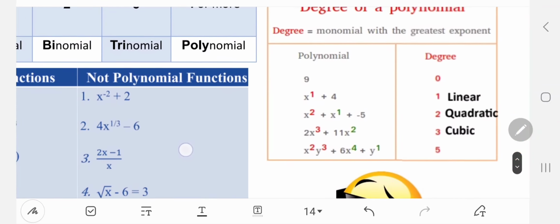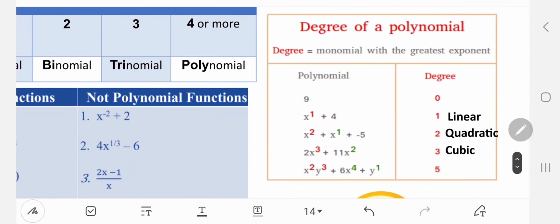So, let's see the degrees of the polynomial. Whenever the power is 1, we call it degree 1 or linear. Power is 2, the highest power is 2, so the degree is 2 or quadratic. We have powers 3 and 2, which is higher? 3. So the degree here is cubic. Very good.